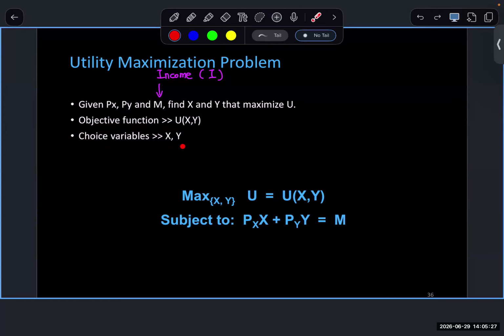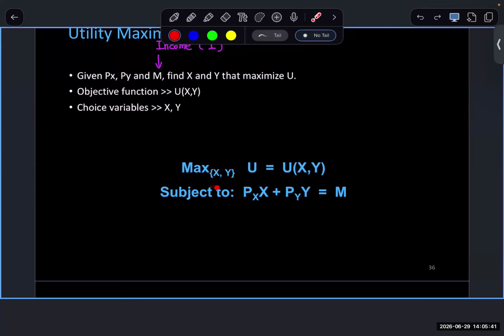In general, we can express it like this. We want to find X and Y in order to maximize our utility function, but subject to a constraint, right? This is the constraint, subject to your budget line.